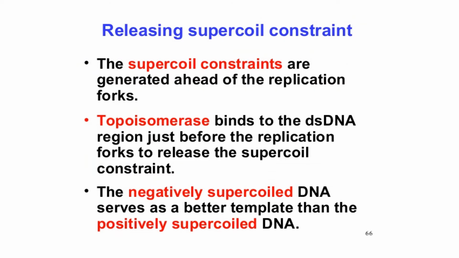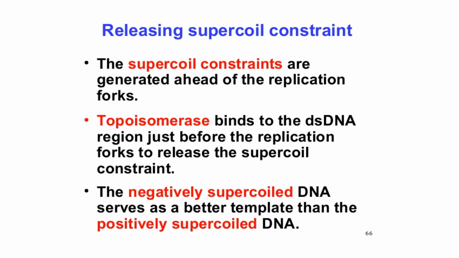Releasing supercoil constraints. The supercoil constraints are generated ahead of the replication fork. When the replication fork is being formed, supercoils are introduced ahead of it before the fork can open further.